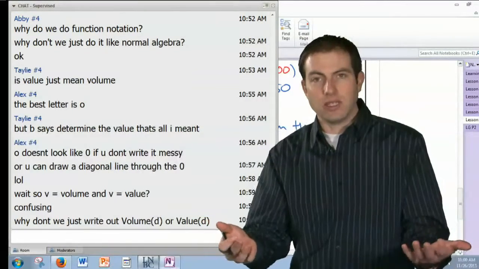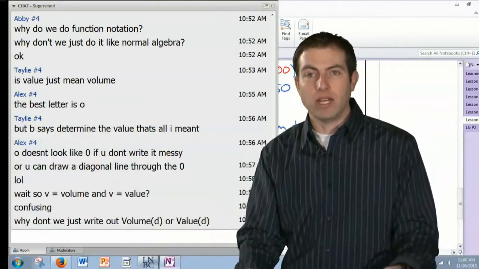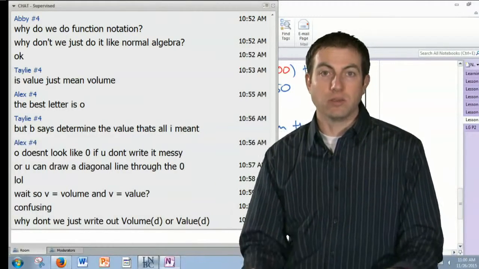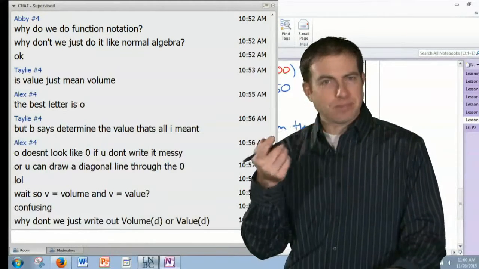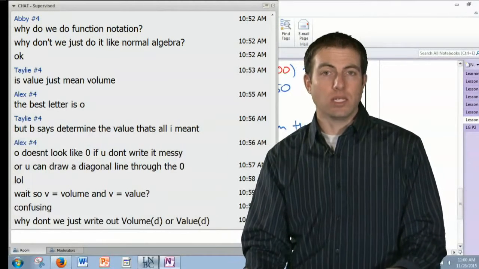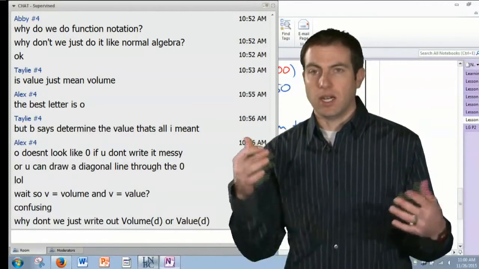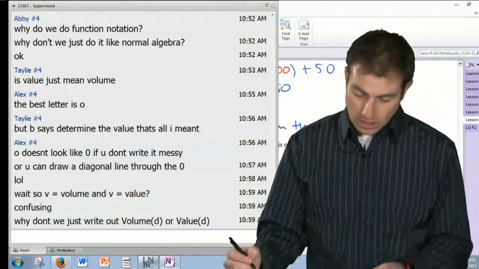Mathematicians, I said they were lazy, and then I went back on that and said, well, we're efficient. Writing the word volume or value is a lot of letters that we probably don't need to write down. And within the context of the question, you see that V is defined as volume. We've gone out of our way to describe it, so there you go.